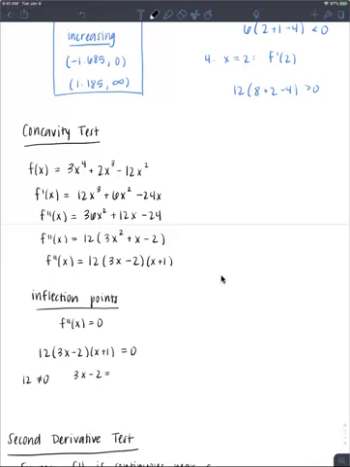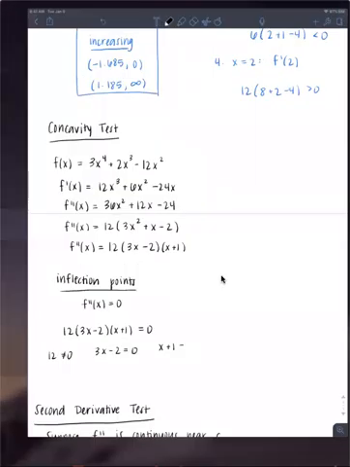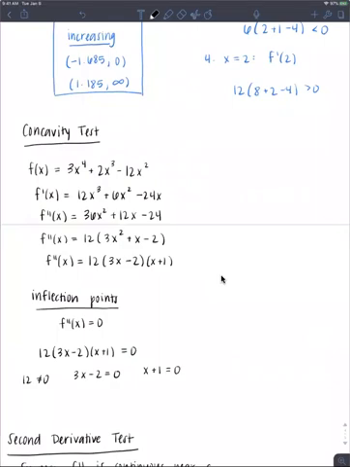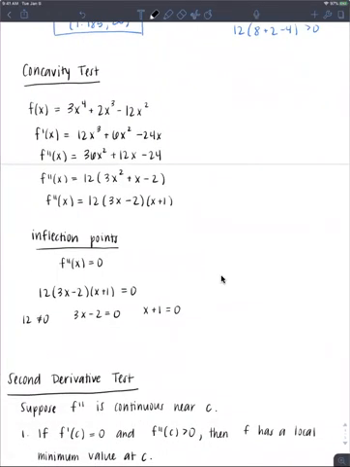And then you get 3x minus 2 equals 0, and x plus 1 equals 0. And so really what you're getting is 3x equals 2, so x equals 2/3, and here x is equal to -1.